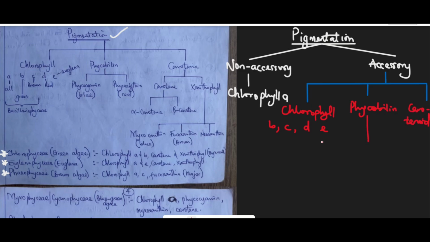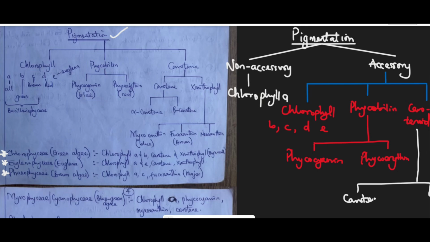Note that phycobilin is subdivided into two. We have phycocyanin and phycoerythrin. And the last one we have is carotenoid, which is subdivided into two. We have the carotene, and the next is the xanthophylls.